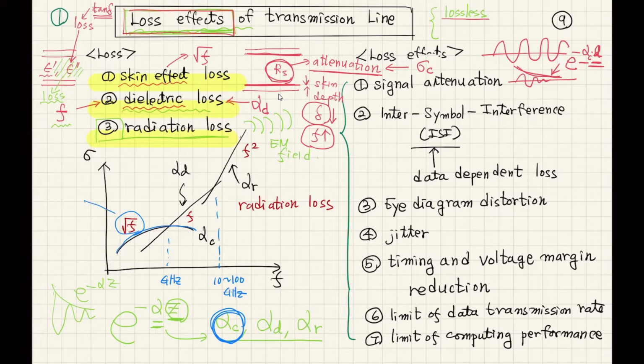Actually, we can induce this relationship from transmission line theory or in microwave theory books. Probably I can send you some PDF files to show those derivations. But now I'm not going to do that, but I'm going to discuss more about the physical meaning of this attenuation constant.